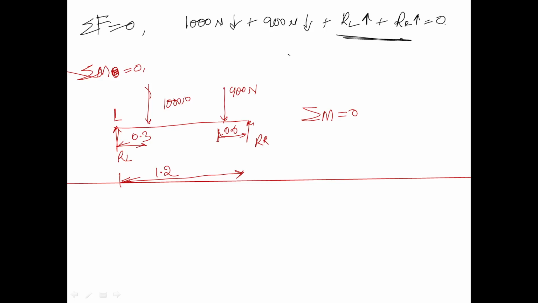Now I'll mark this point as L, this point as A, this point as B, and this point as R. So how many points do I got here?